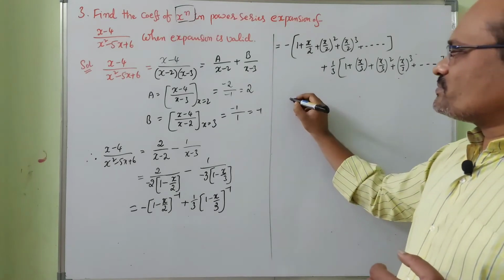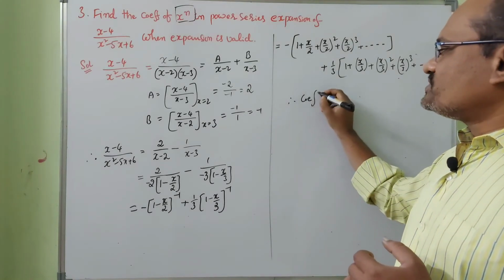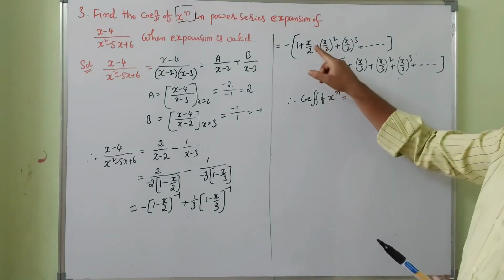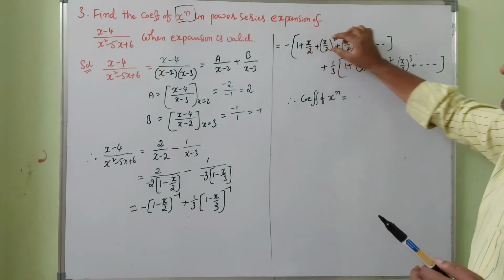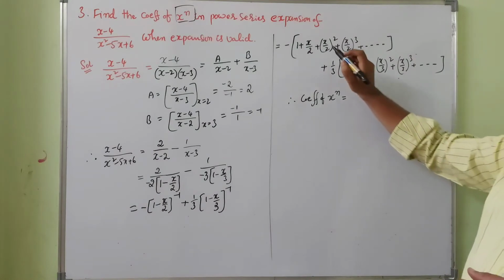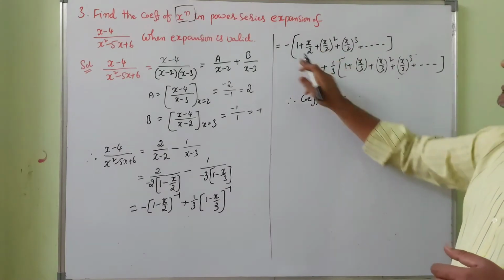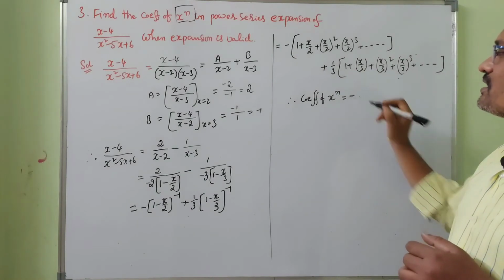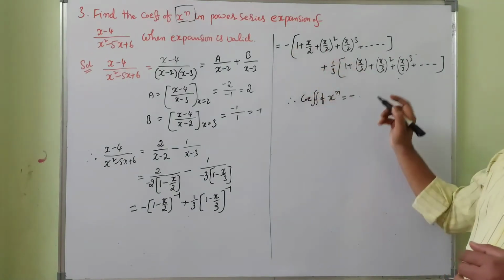Now the last step, we have to write the coefficient of x power n. Observe the first series. Remember this minus comes for all the terms, that's why for x power n also minus comes.